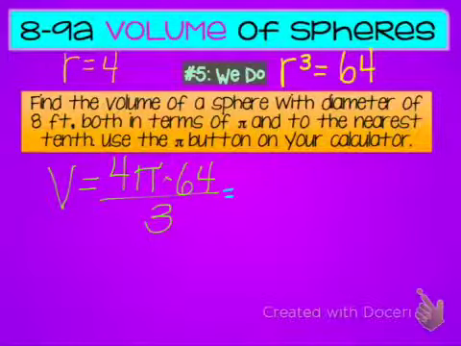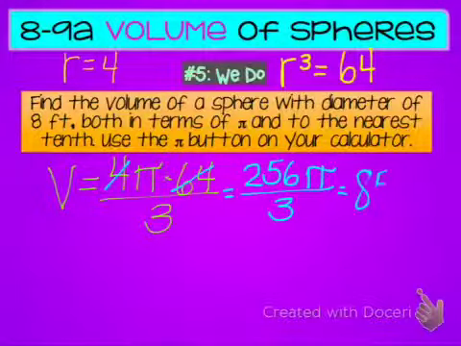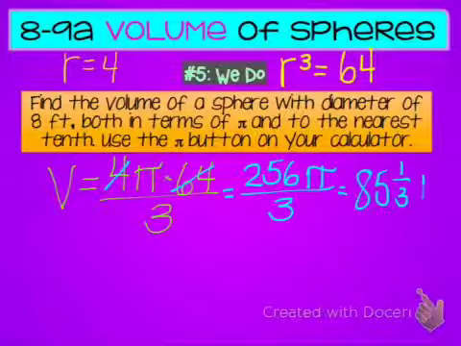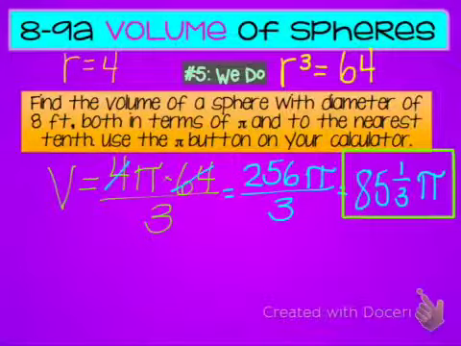But we still have pi up there, and we still have divided by 3 underneath. 256 divided by 3 doesn't come out perfectly even. It comes out as 85.33333333, repeating, which is 1/3. But that is in terms of pi, so there's our one answer if you're solving in terms of pi.